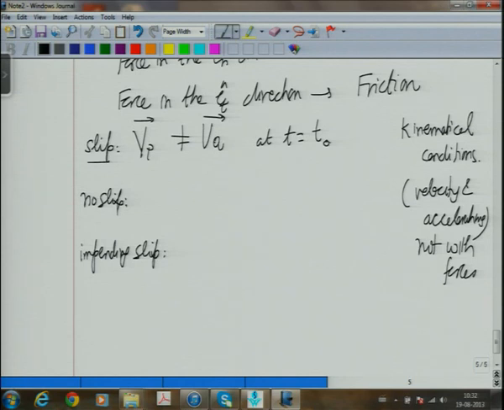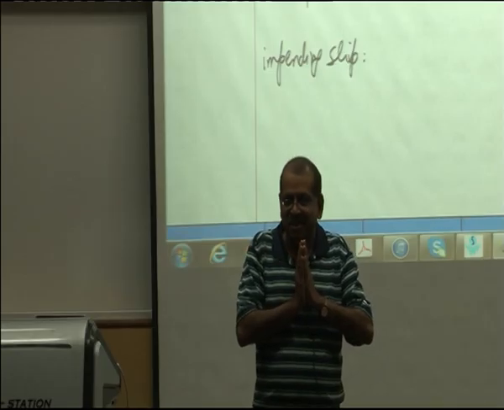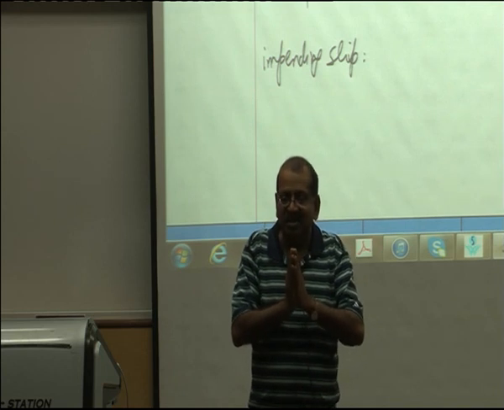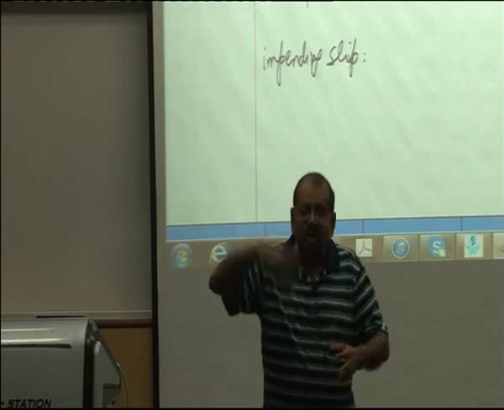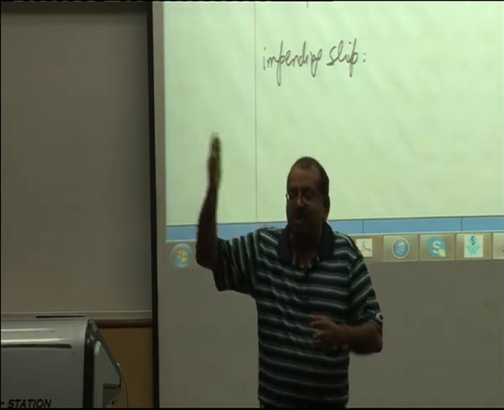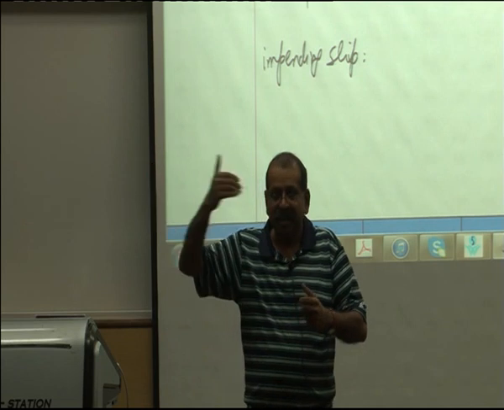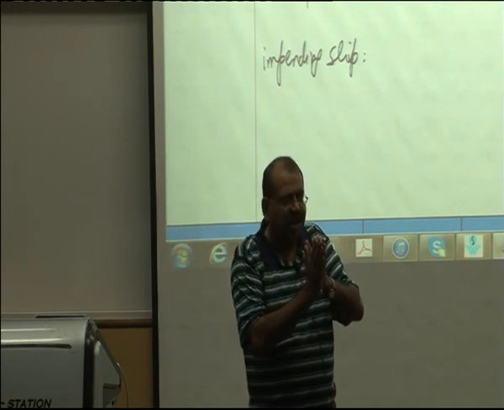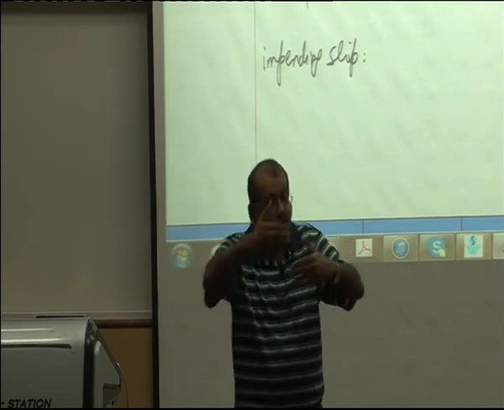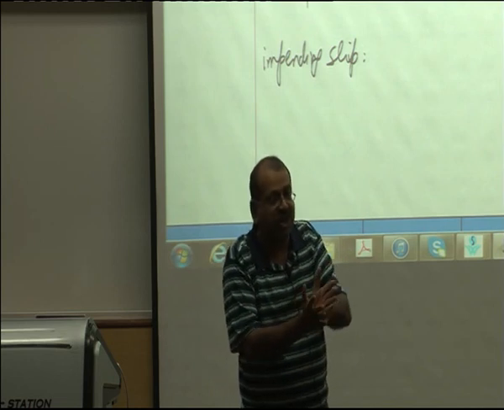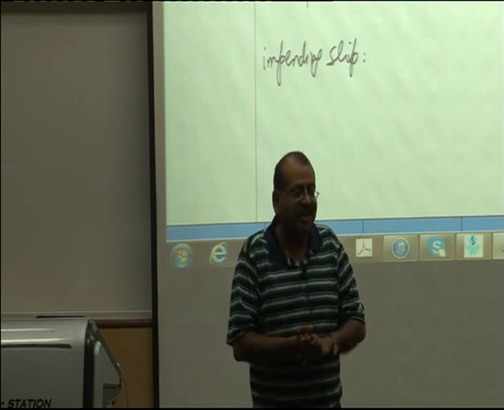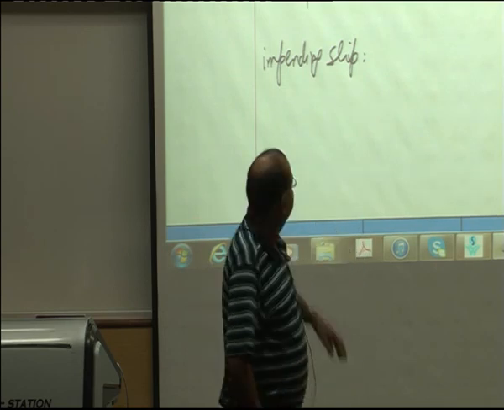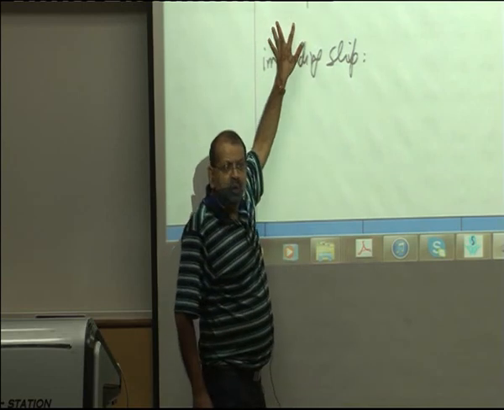Now if the two velocities are equal, then there are two possibilities. One possibility is that the velocities are equal at this time and they are also equal at the next instant. If the velocities are equal at this time and they are also equal for the corresponding contact point, the contact points may change, but whichever are the contact points and the velocity is also equal at the next instant, then we say it is a case of no slip.